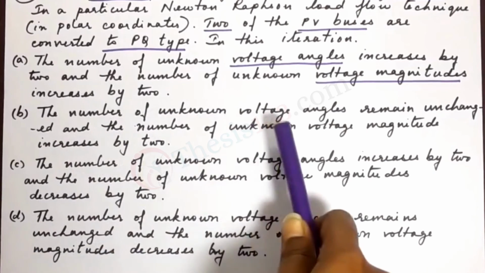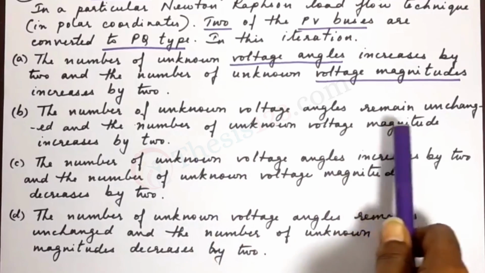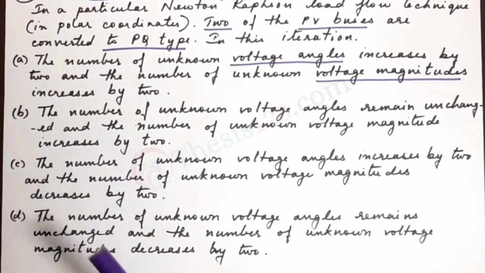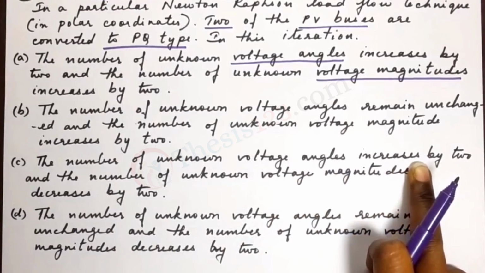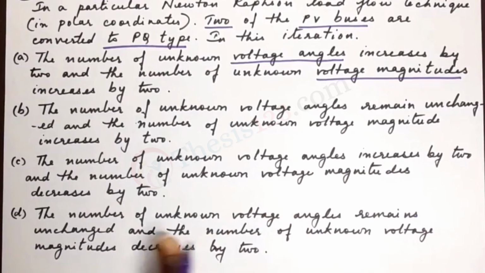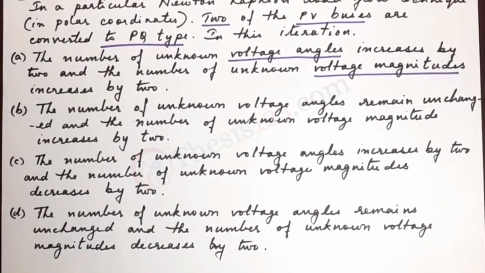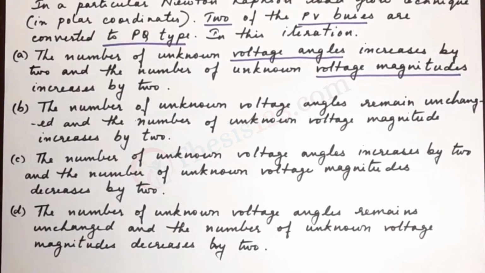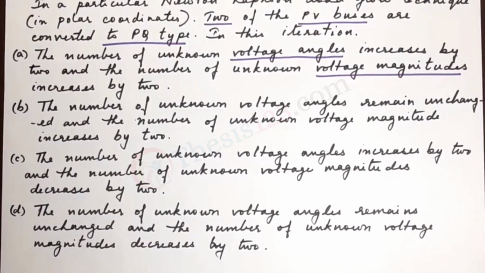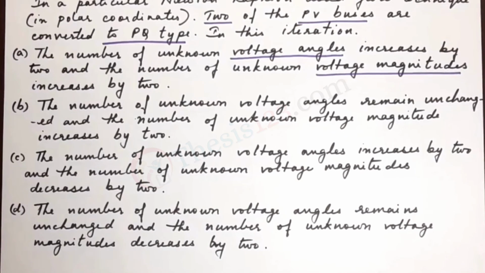Option B says voltage angles remain unchanged whereas the unknown voltage magnitudes increase. In C, the voltage angles increase and voltage magnitudes decrease by 2. And the final one says that the voltage angles remain unchanged and the number of unknown voltage magnitudes decreases by 2. All in all, we have 2 aspects, voltage angles and voltage magnitudes.